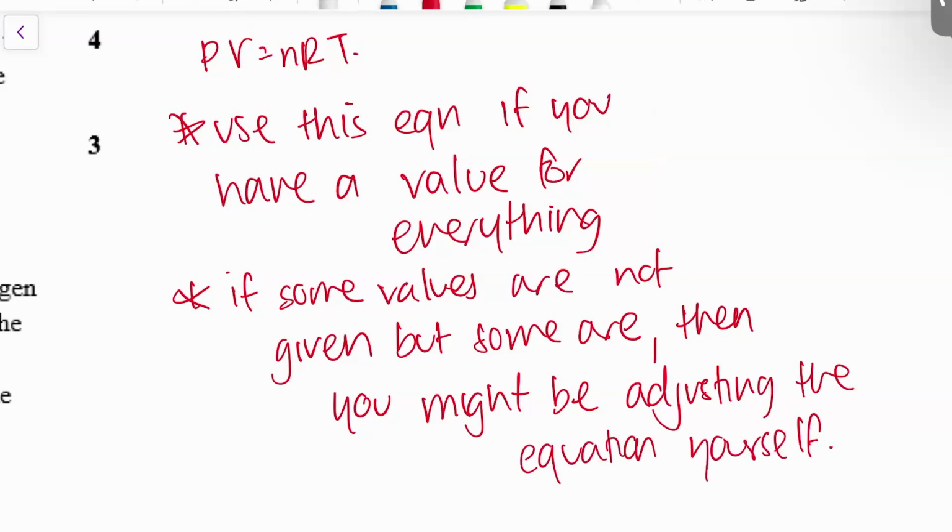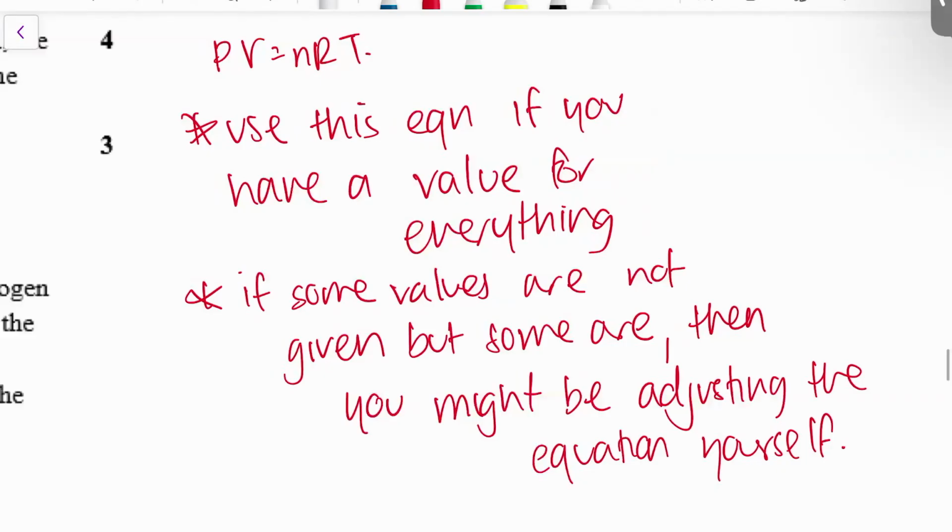So this is what you're looking out for in the exam to figure out what version of this equation you're going to use. Use this equation if you have a value for everything. If some values are given, but some aren't, you're probably using some kind of version of it.